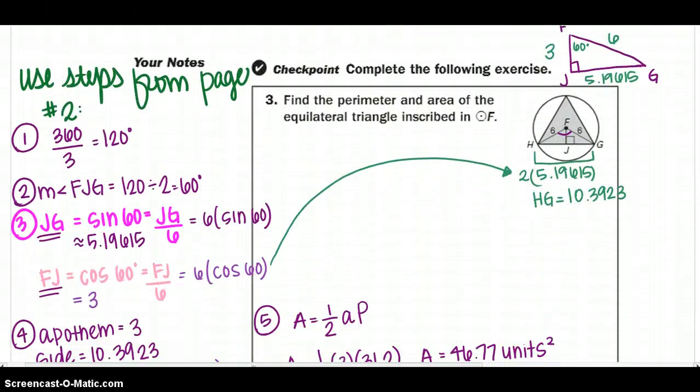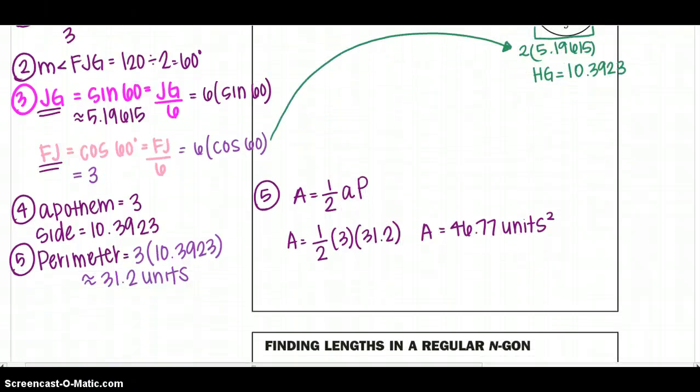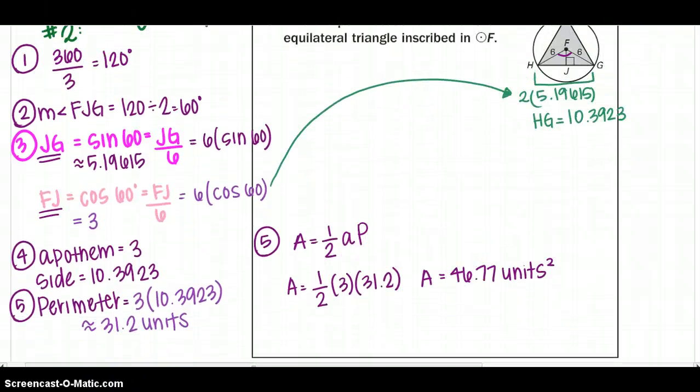So last thing, use the steps from our page 2 again, and I want you to try to do number 3. I have tried to separate my steps like we do when we are talking about our steps, so hopefully that will help just a little bit. And again, if you ever have any questions, please feel free to ask.